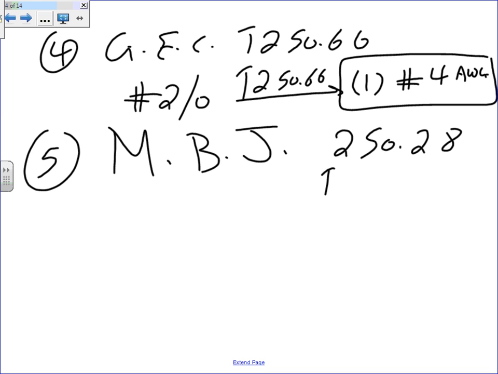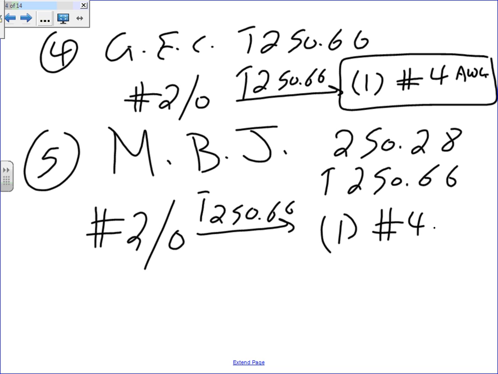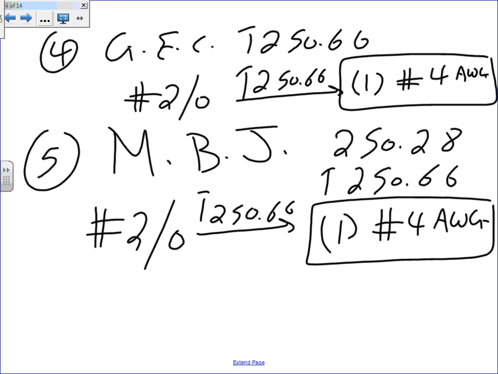It refers you to table 250.66 if you go there, and that will give me the same calculation. 2 aught, take it to 250.66. That will get you 1 conductor, number 4 AWG. Everything is copper, bare, covered, or insulated. Doesn't matter.